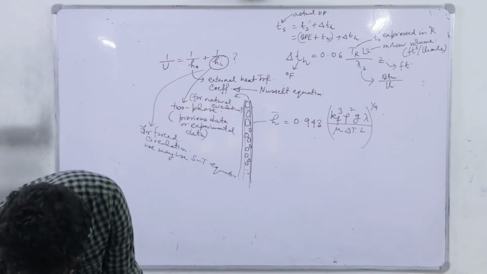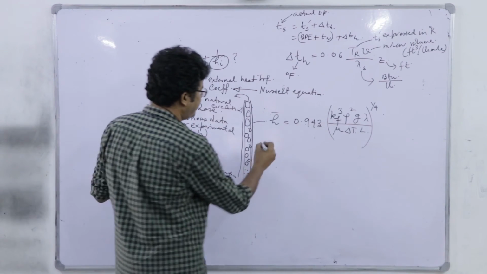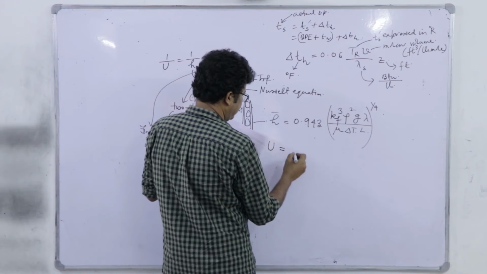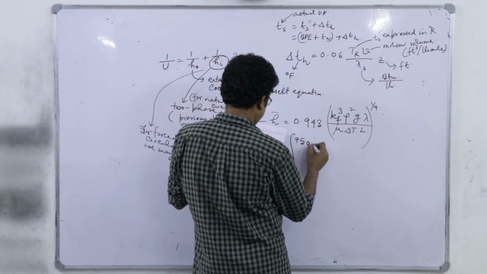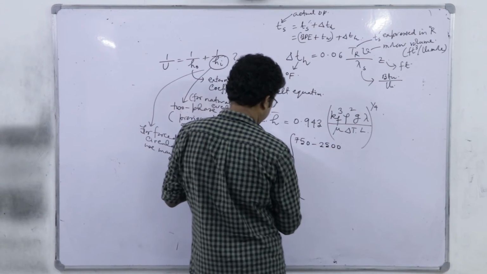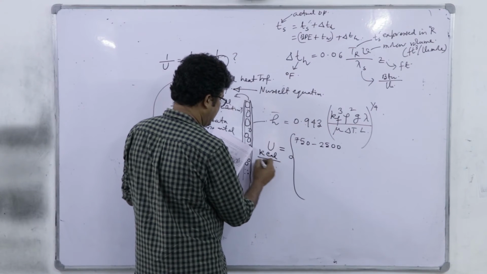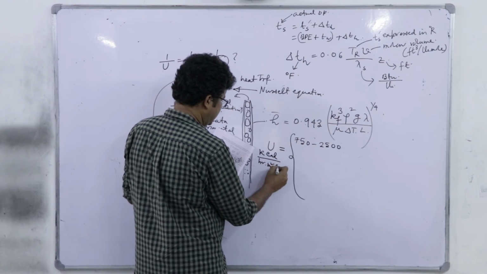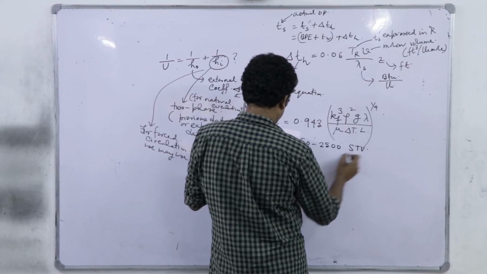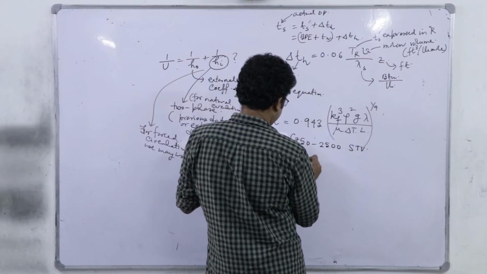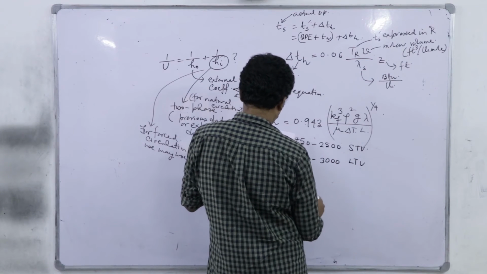The approximate range of the overall heat transfer coefficient U, what is the range? 750 to 2500, in kilocalorie per hour meter square degree Celsius. This is for short tube vertical. For long tube vertical it is 1000 to 3000, right.